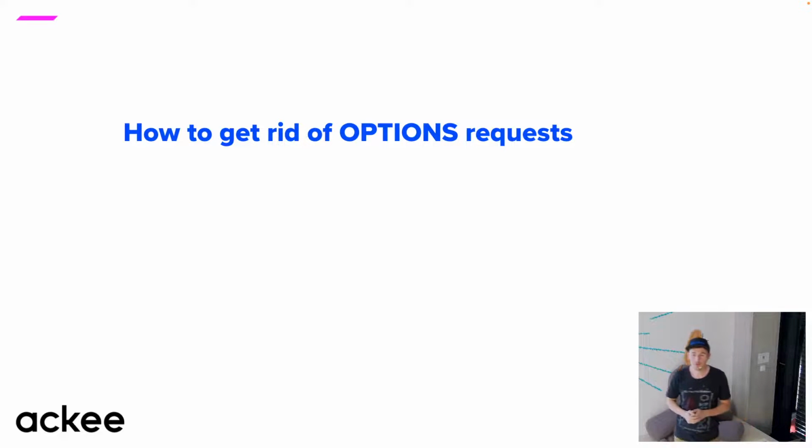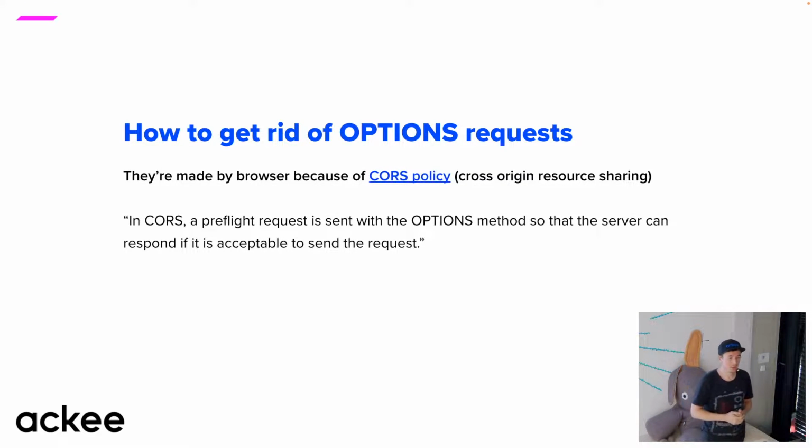So now there's a question: how to get rid of OPTIONS requests? To answer that, we first need to tell what an OPTIONS request is and why it happens. OPTIONS requests are here because of CORS policy and for some security reasons.